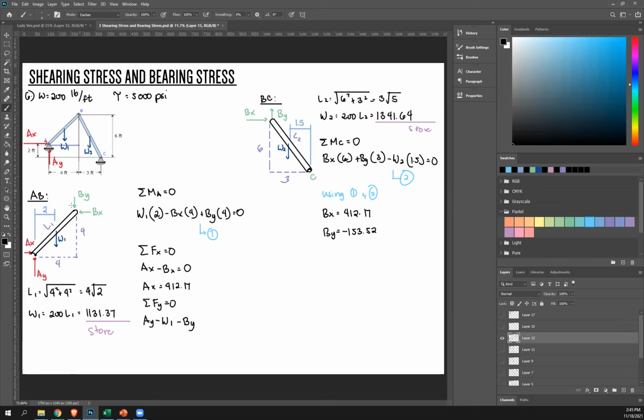So since I didn't correct my direction here, it's still downward. So that's still downward negative equals 0. And then from this, you can solve for Ay, but please take note, By is negative. So include that negative sign here, because I didn't correct the direction. So please solve what's Ay.